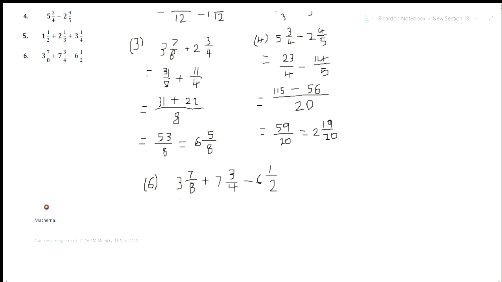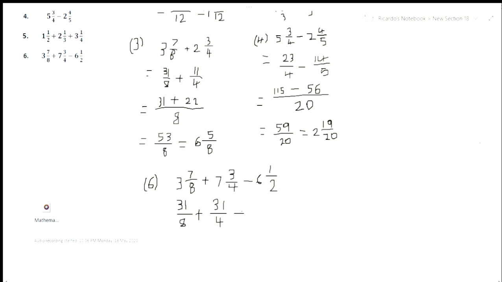So 3 8s are 24, 24 and 7, that's 31, all upon 8, plus 4 7s are 28 and 3. 28 and 3, that's 31 as well, all upon 4.